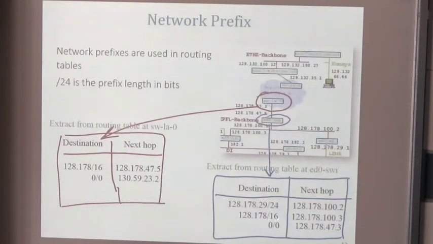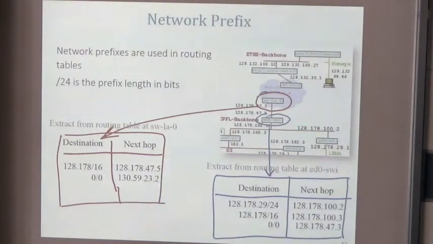So here it means that this router has a specific route for one of the subnets that's connected to it. Then it has a different route for the rest of EPFL and a default route for the rest of the world.